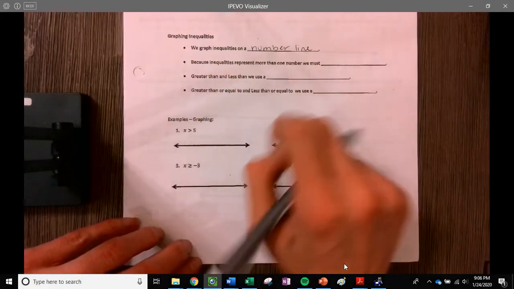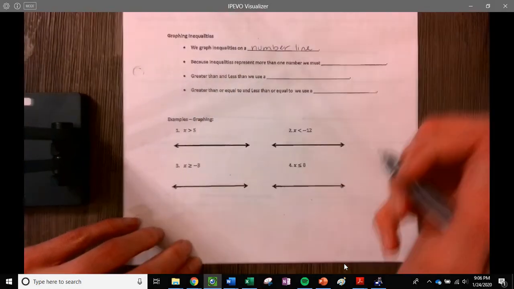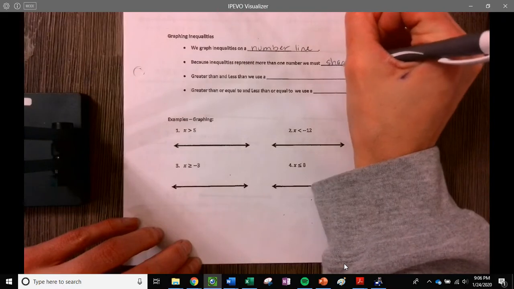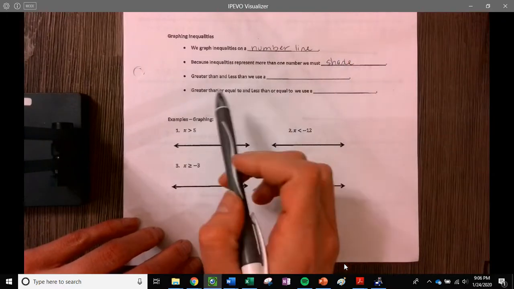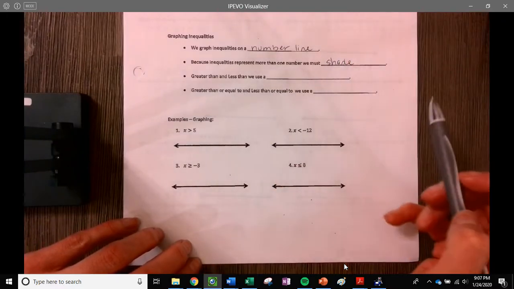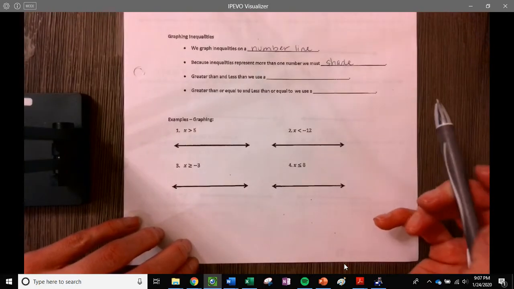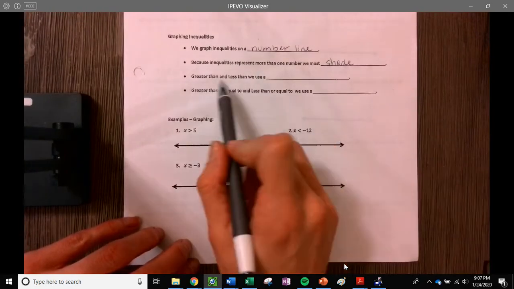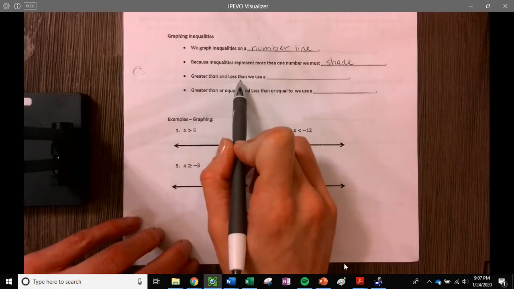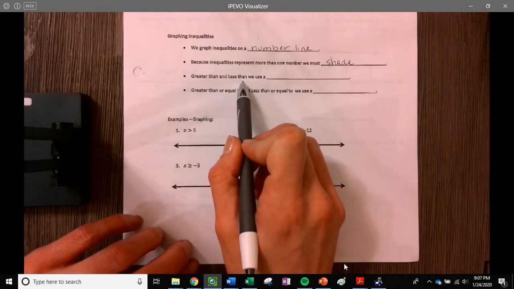Because they represent more than one number, we have to shade, and our shading is going to cover all of the potential values that could satisfy the inequality that we're given. Greater than or less than, we have to start on the number line with whatever the number might be.